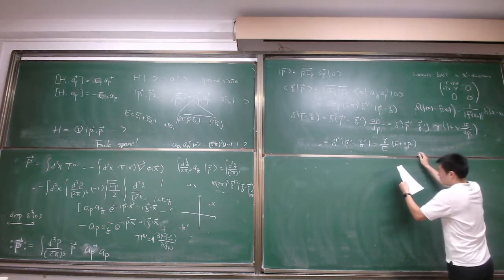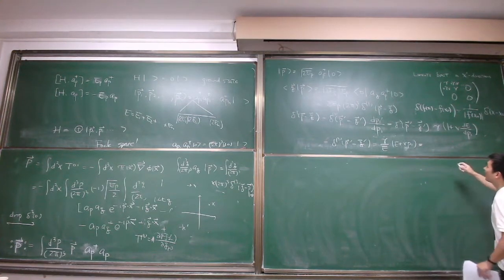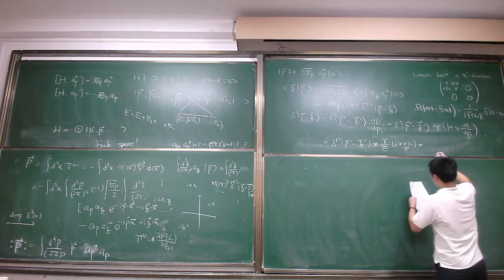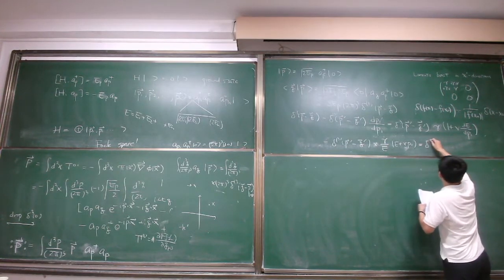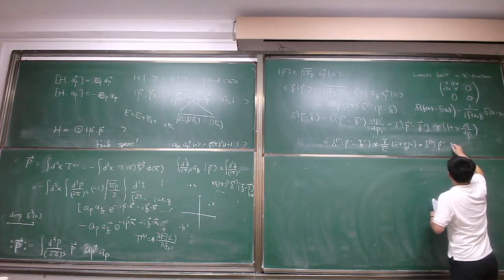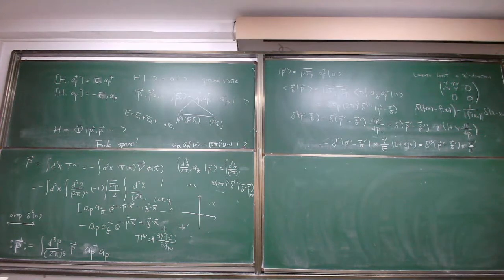And then this is equal to, you just apply the Lorentz transformation. When using the Lorentz transformation, do you understand what I'm doing? It's equal to E prime times, what I'm doing here, E. Do you understand what I'm doing?